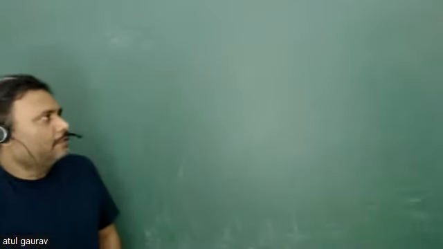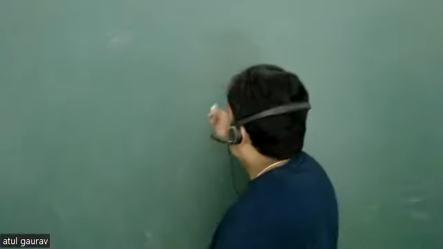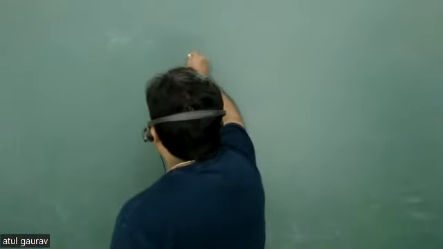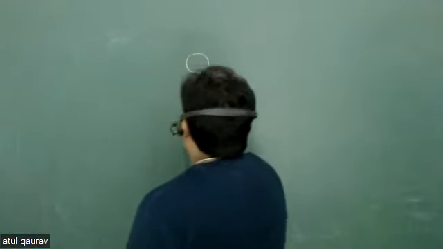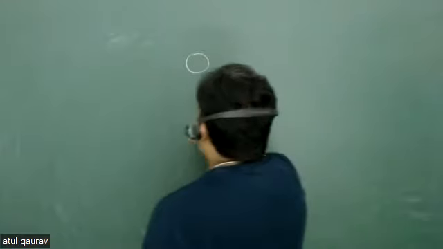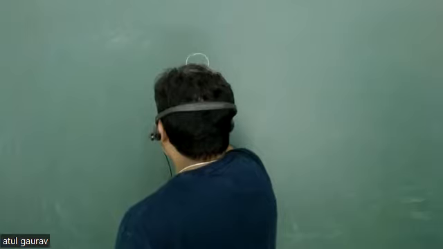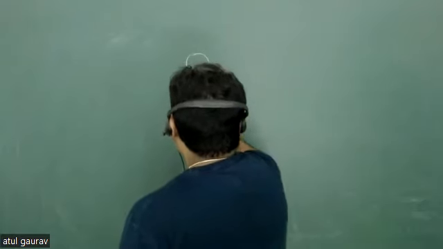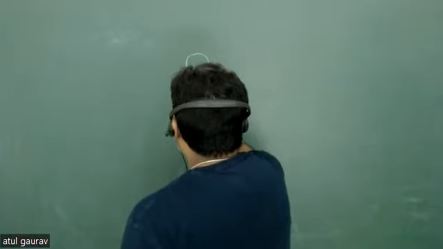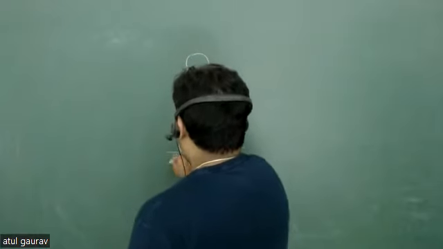Now, let us see what is going to happen. This is very interesting and this is one of the very fundamental problems. So this is one pulley, and here is mass m1 and here is another mass, let's say m2, and this is our surface.